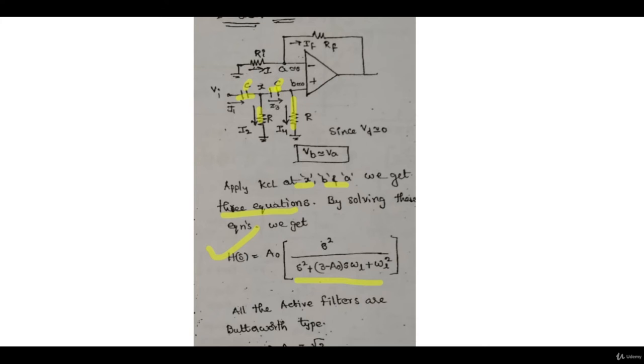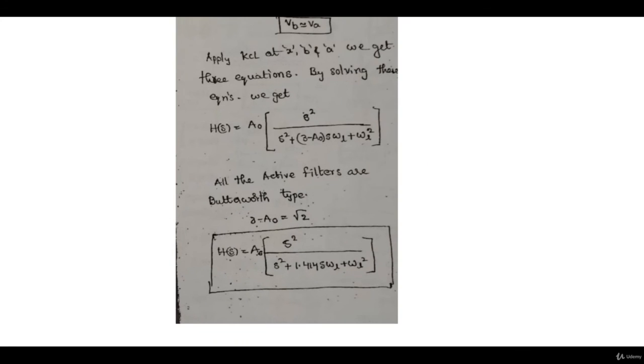For Butterworth type, 3 minus A0 should be equal to root 2, as we have already seen the values for different kinds of filters. If you plug in the value, H(s) is equal to A0 s squared divided by s squared plus 1.414 s omega L plus omega L squared.